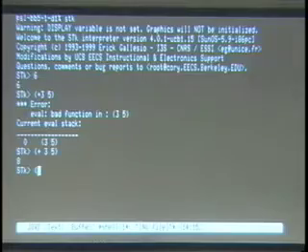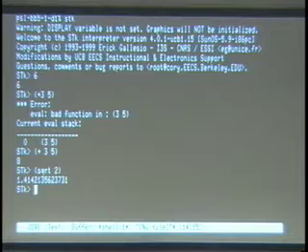Function names can be made up of letters, like, here's the square root of 2. And the main thing, the most important thing, is that we can do composition of functions. So I can say, what's the product of plus 5, 9, and 100?